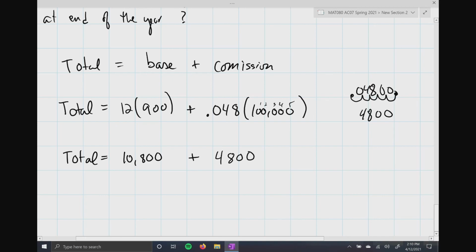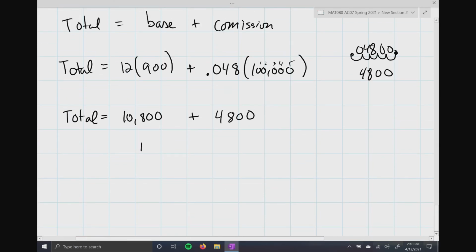Does that make sense so far, everyone? Okay. So our total, all I have to do, and I'm going to just line everything up here, is just to add 0, 0, 8 and 8 is 16. Carry the 1. $15,600. So that's how much money Mike will have at the end of the year.